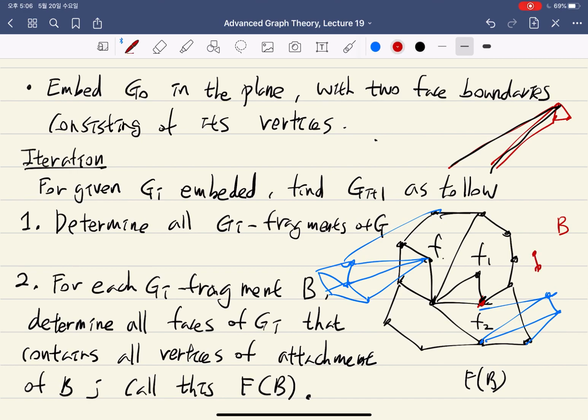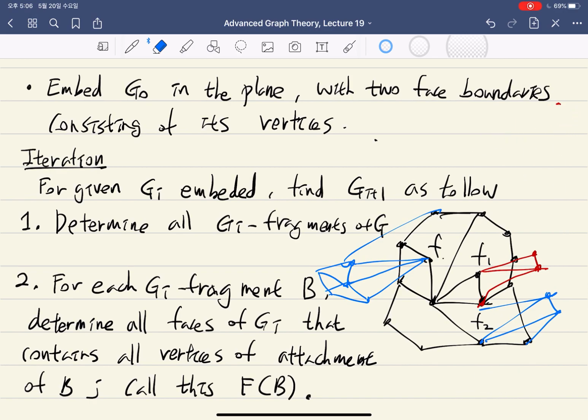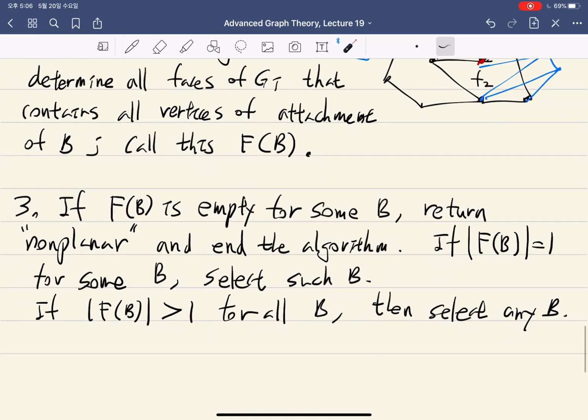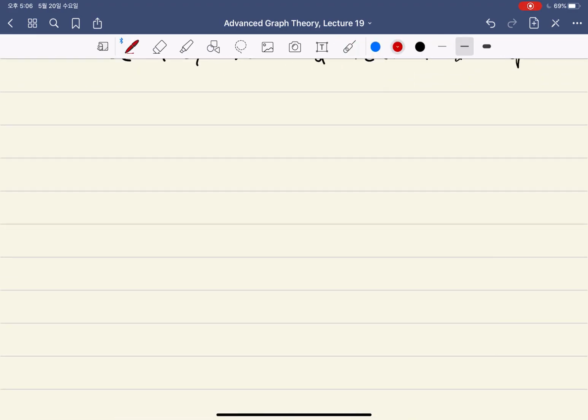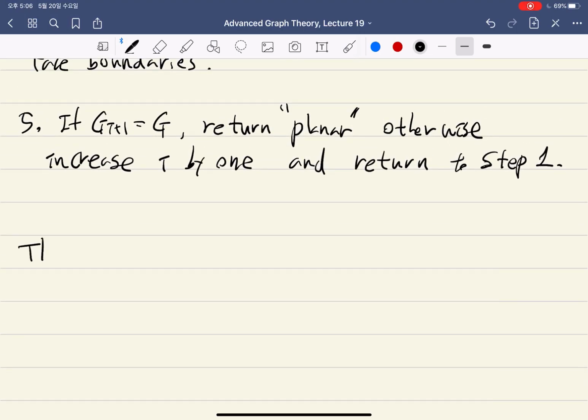Now, the remaining thing becomes this. And this remaining is the new fragment. So this is our algorithm. And then we want to prove that this algorithm indeed produces a planar embedding if the given graph is planar.